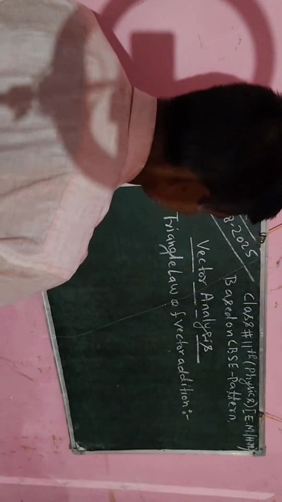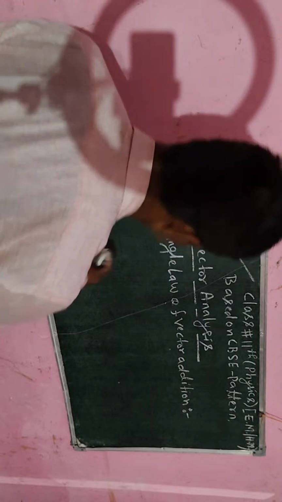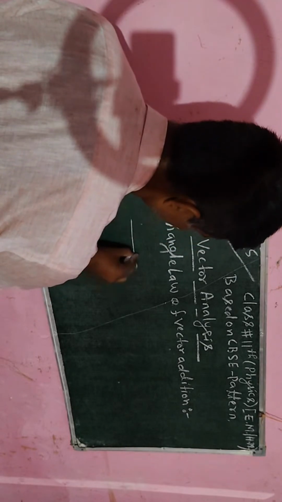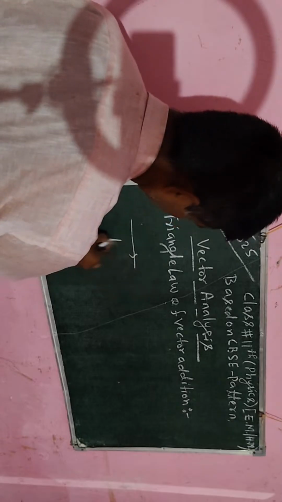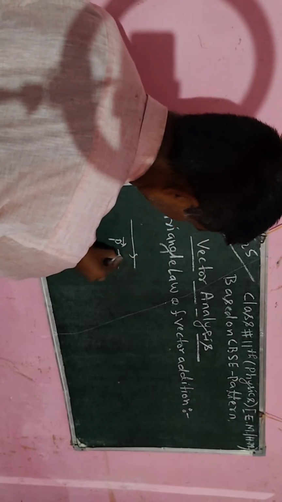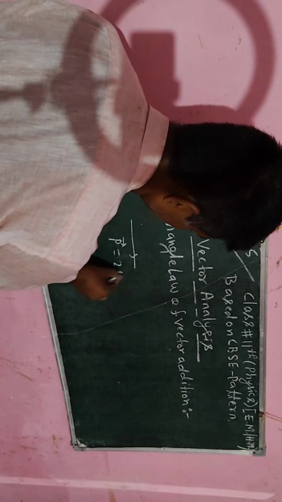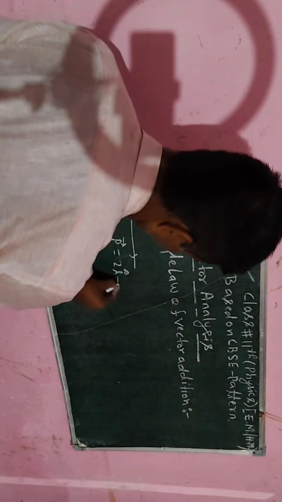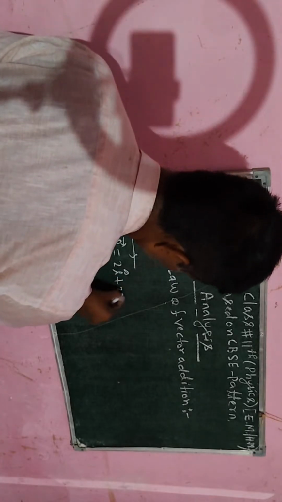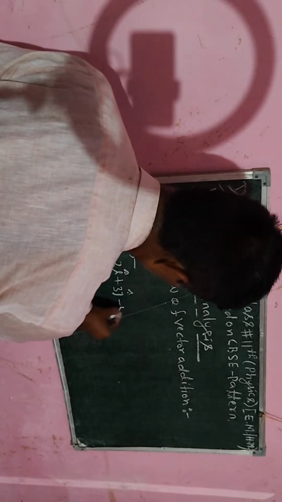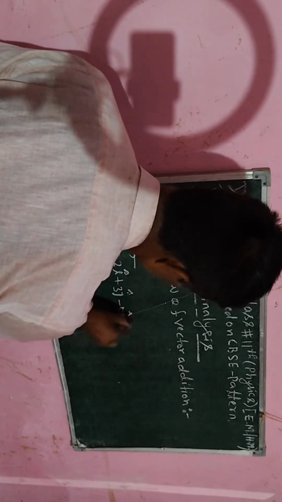So here I have to write a resultant vector. I am considering one vector named P. This is the vector P, and its value is written as 2 vector i cap plus 3 vector j cap minus 5 vector k cap.